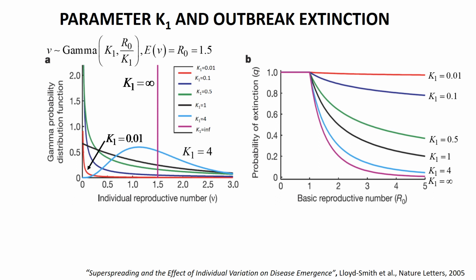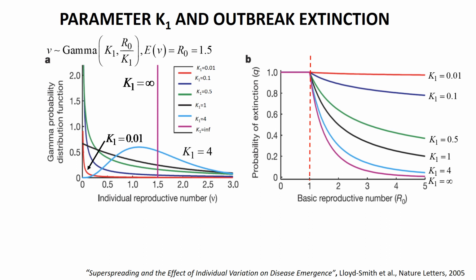We notice that all the curves meet at R0 equals 1, because once you have a basic reproduction number of R0 less than 1, the probability of extinction is 1. We know from earlier slides that if R0 is less than 1, each individual is infecting less than one person, and eventually you will get extinction. But how do you increase the probability of extinction when R0 is bigger than 1? Let's have a look.